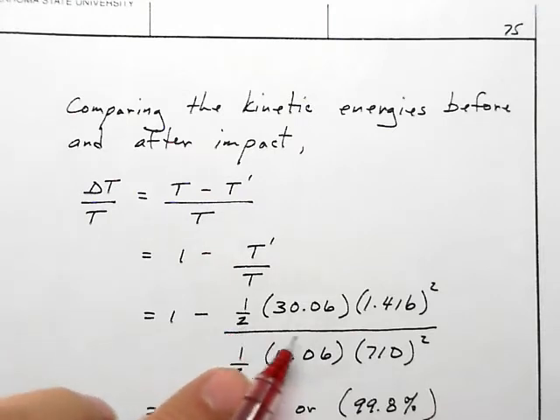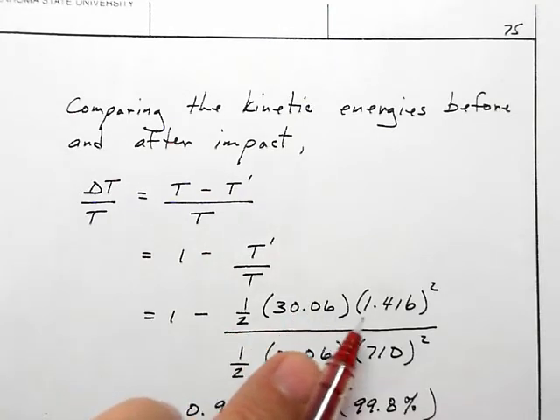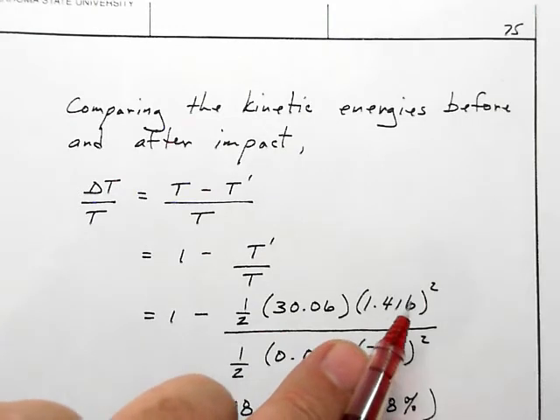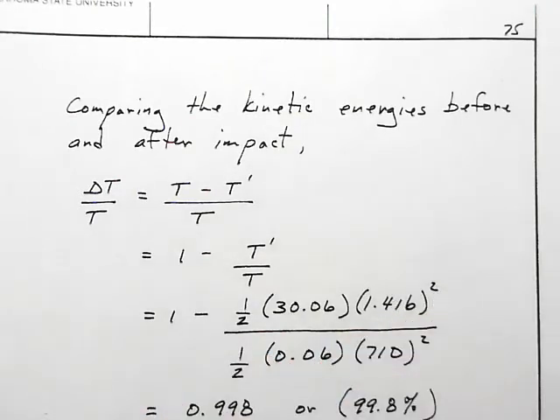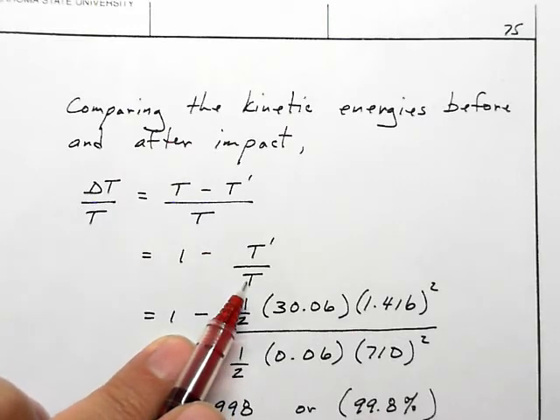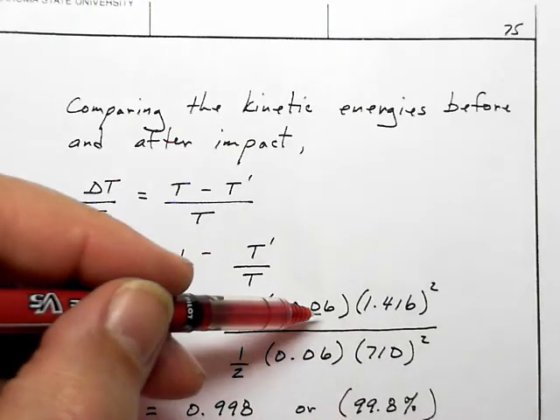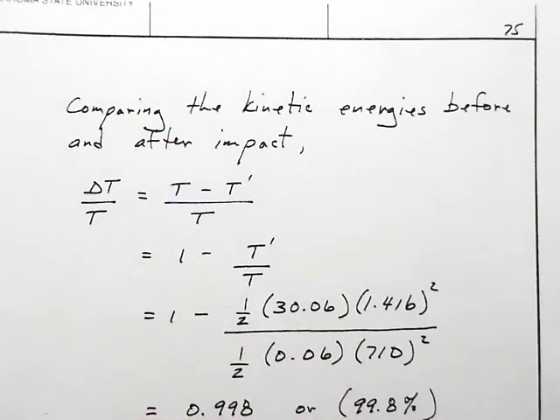That's 1/2 the mass of the bullet and the box combined times the velocity of the combined bullet and box squared. The energy before impact is only the bullet, 1/2 the mass of the bullet times the velocity of the bullet squared. If we've lost energy, we would expect the numerator to be smaller than the denominator.